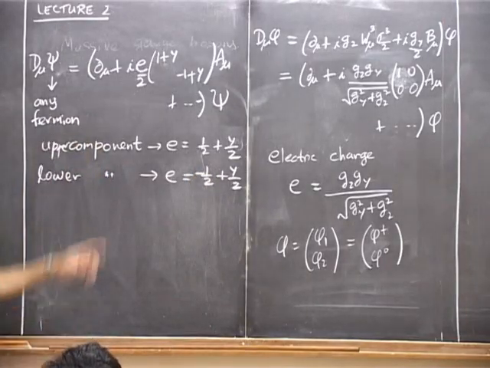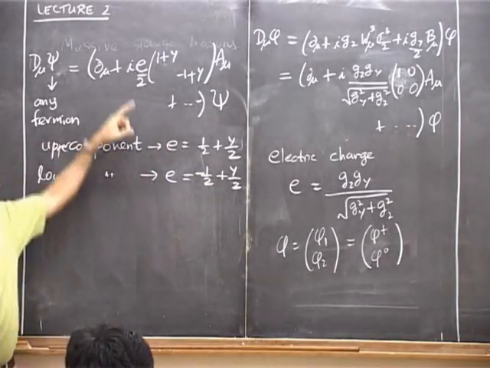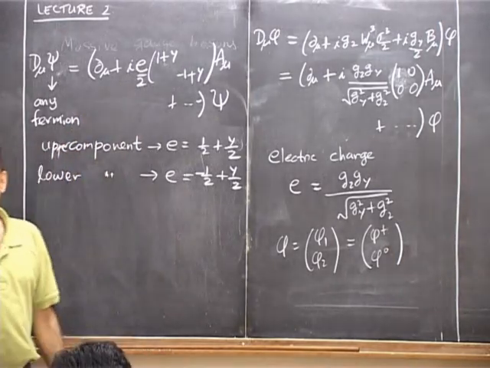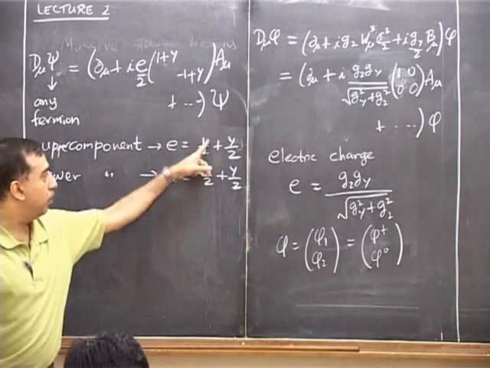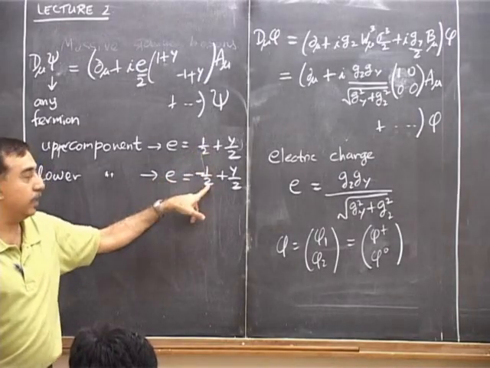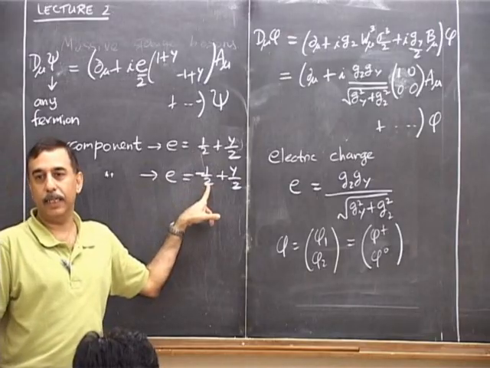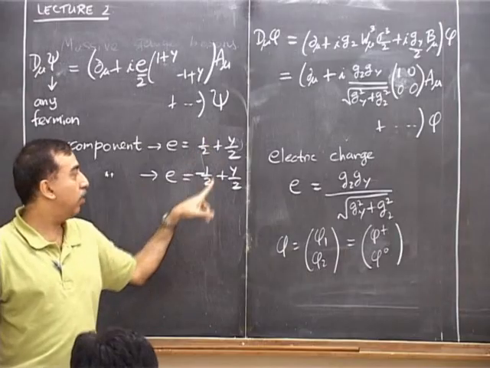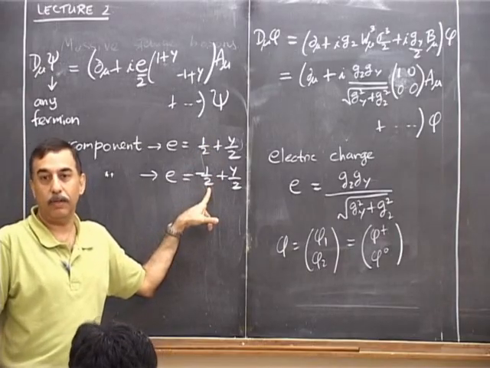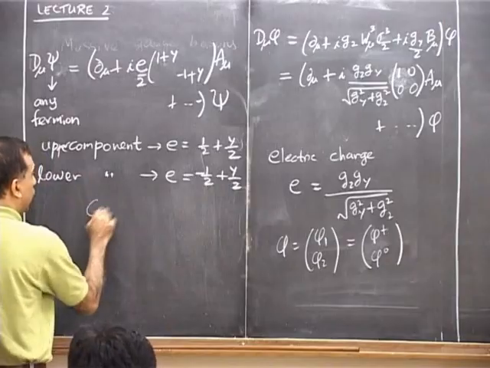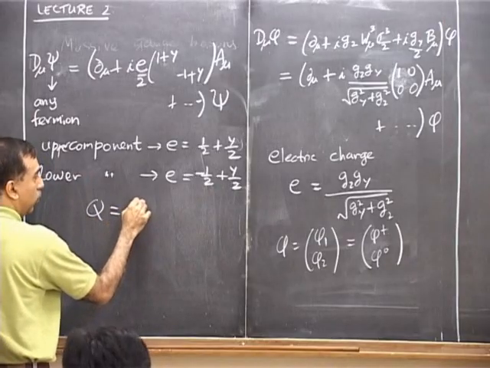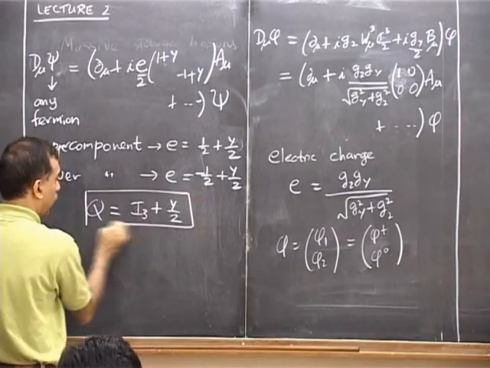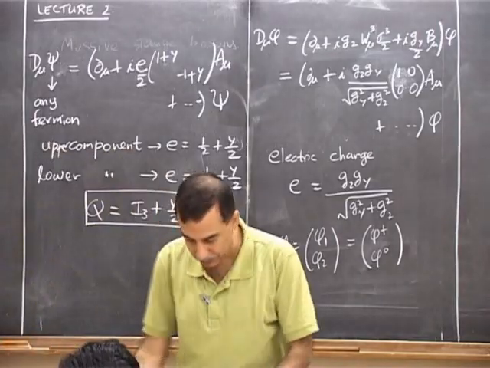Of course, the upper and lower components of a doublet of SU(2) have I3, the 3 component of the SU(2) charge, being half and minus half. So I can identify this first number with I3. I3 is a half for the up quark or the neutrino and it's minus a half for the down quark or the electron. Therefore, we get the relation that electric charge Q is I3 plus Y by 2. Okay, is that clear?